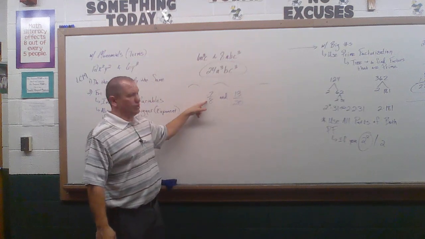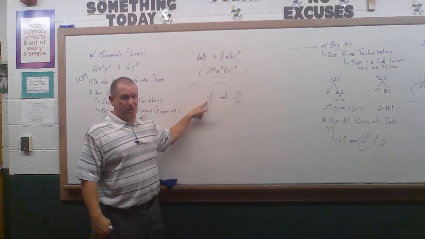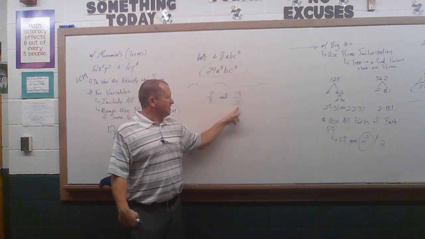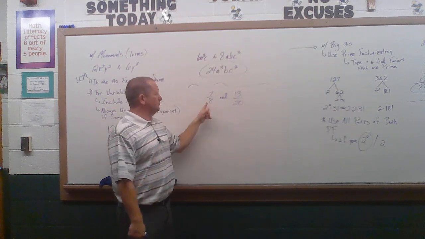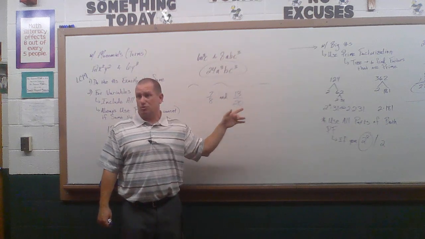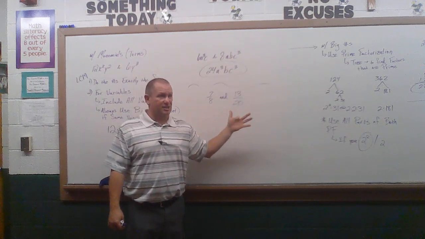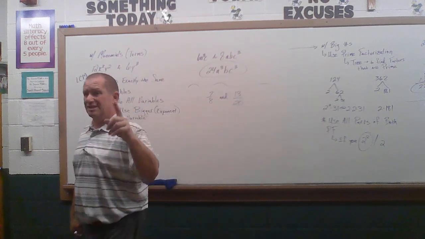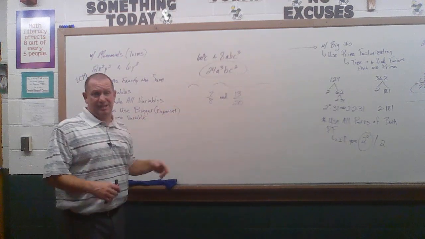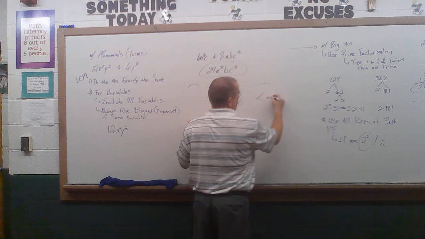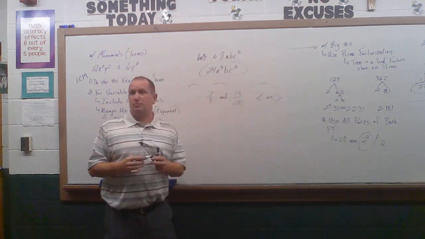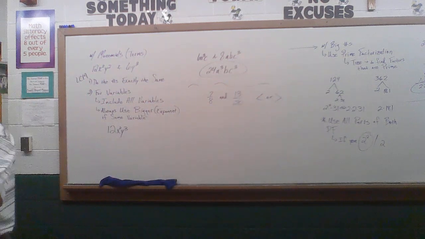Because the 7's really close to the 8, so that's just about all of it, that one. And this one's 13's not real close to 20. So I would assume that 7/8 is bigger than 13/20. But I don't necessarily know that, right? So what are ways that I could compare these, meaning use my inequalities of less than or greater than? What would be ways of actually figuring out the answer?